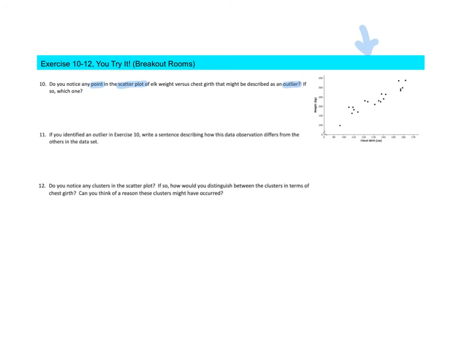If you did identify an outlier, I want you to write a sentence describing how this might be different from the rest of the data. Okay? And then, do you notice any clusters in the scatter plot? How would you distinguish between the clusters? Why do you think that they're there? Okay, and we'll go over this in about 2 to 3 minutes. You're going to go do this in your breakout rooms together, and then we'll come back together and go over it.